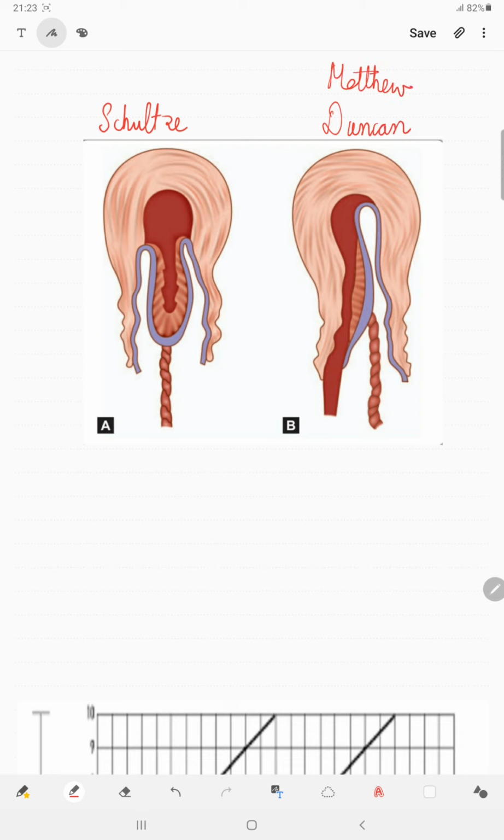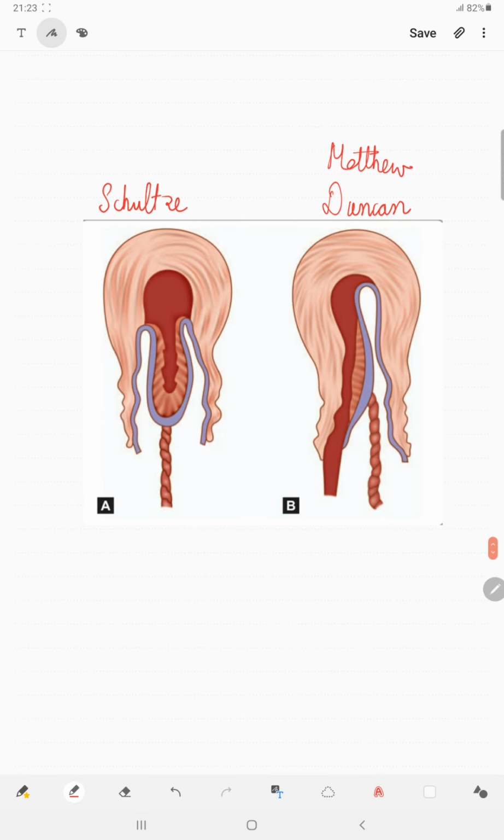In the Schultz mechanism, the placenta separates centrally, so the placenta would come out first, and then the blood would come out. And in the Matthew Duncan, it starts to separate marginally, so the blood would come out first and then the placenta would come out. So this is the third stage of labor, where the placenta and the membranes would come out.